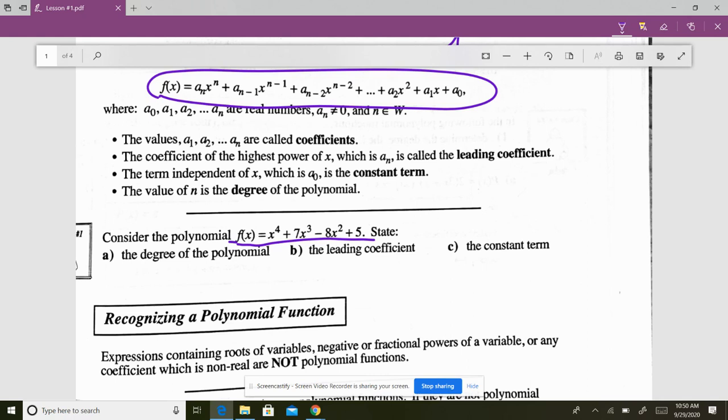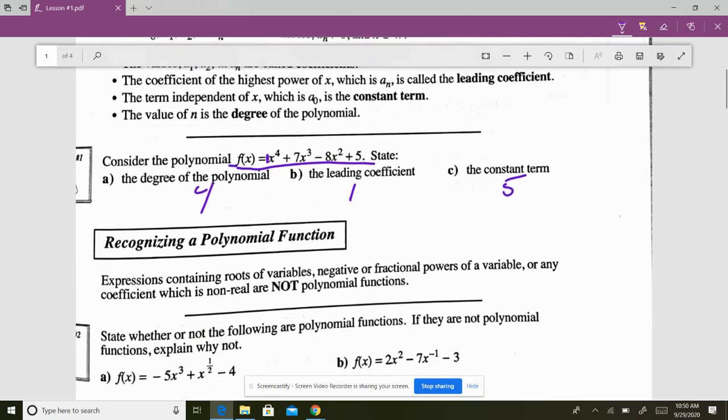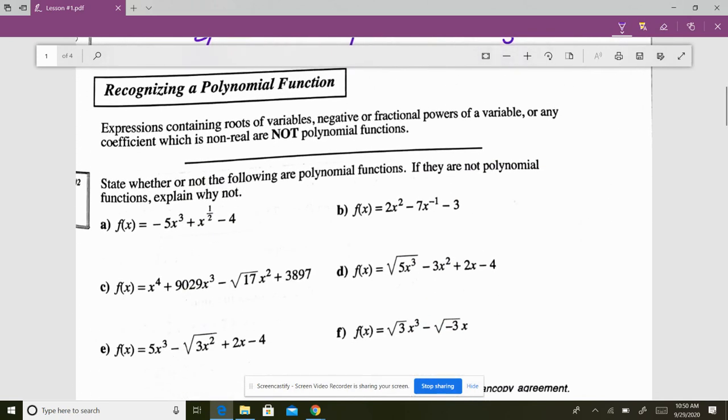With the highest exponent, that's it. Boom. Leading coefficient? 1. It's the number in front of the variable with the highest exponent, in this case, 1, because there's a 1 in front of that. Constant term? 5, the one with no variable. Boom.